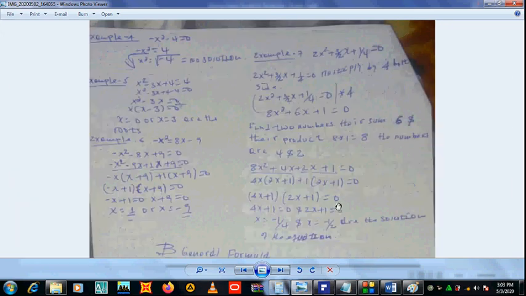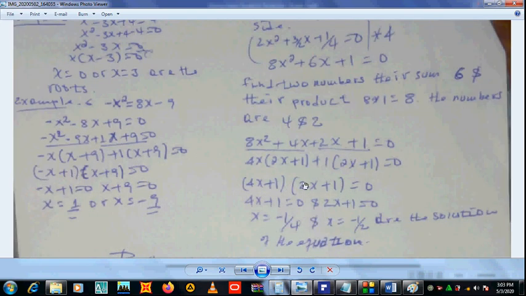The numbers are 4 and 2. Then this is 4x(2x plus 1) and 1(2x plus 1). The final is (4x plus 1)(2x plus 1) equals 0. Then 4x plus 1 equals 0 and 2x plus 1 equals 0. Then x equals negative 1 over 4 and x equals negative 1 over 2 are the solutions of the equation.